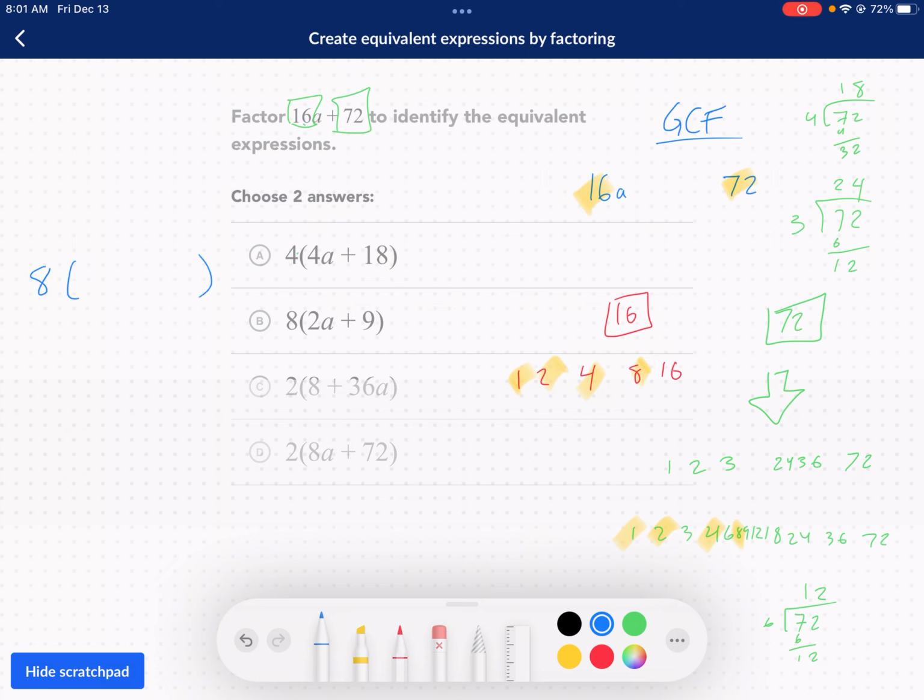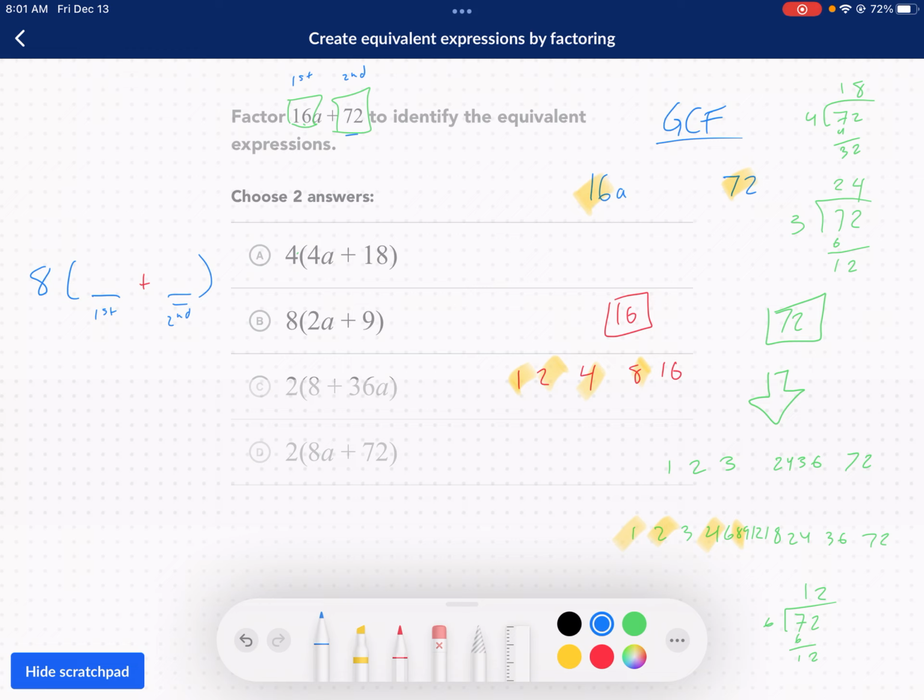Then I would put parentheses, and then I would put what 8 multiplies by to get my first term here, keep the plus sign the same, and then what 8 multiplies by to get my second term here. This would be my second term.